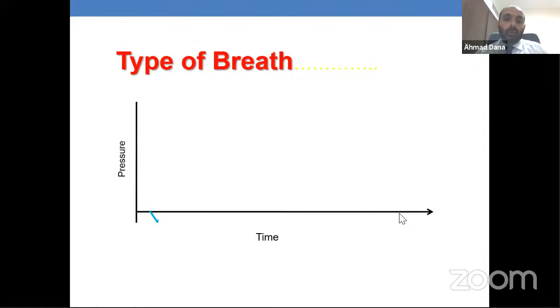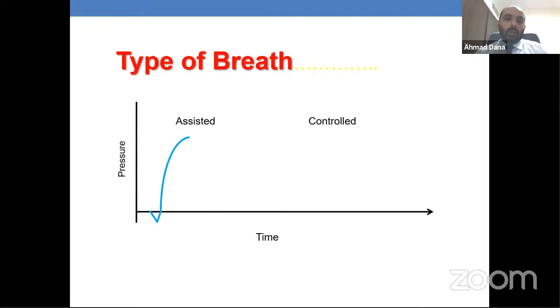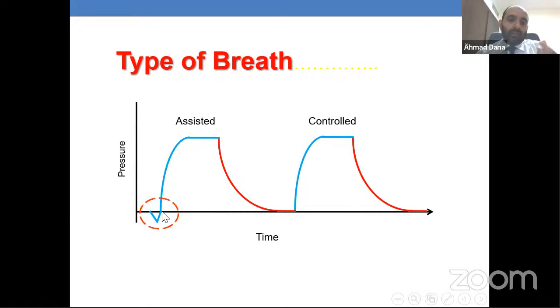Now, to understand that, as we said, the types of breathing can be assisted, meaning the patient will generate some flow or pressure. In neonates, we prefer to use the flow trigger because the baby doesn't have that much volume, so we need a flow trigger.